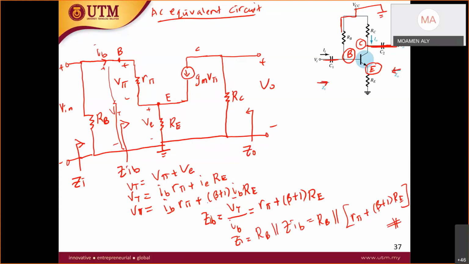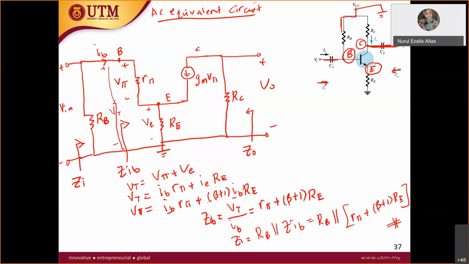Okay, thank you. So next one is, I can say, the tough part. So I put the tough part later. As you can see, Z out is actually, you cannot take it like it is equal to the RC. There is a derivation behind it.